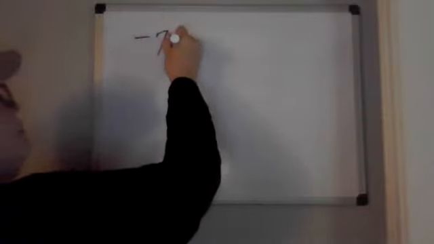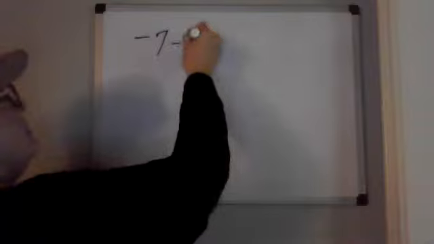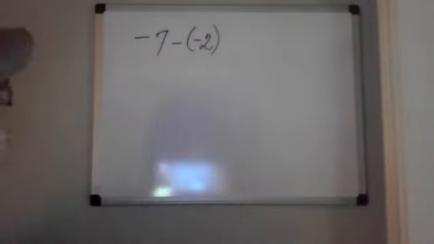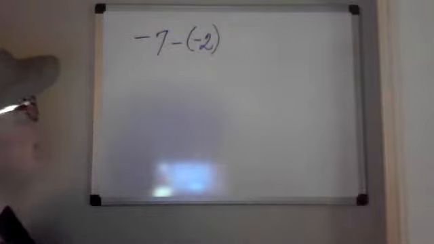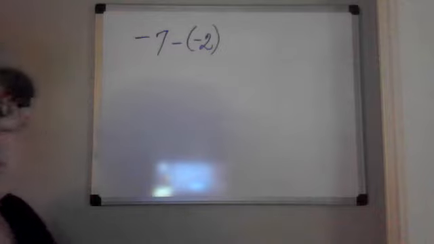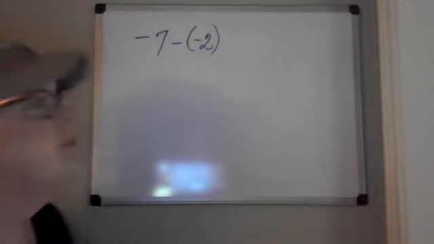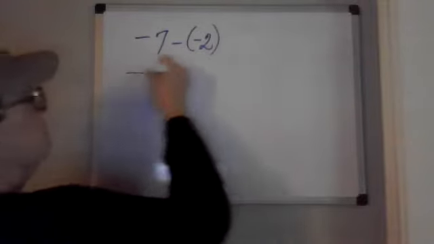-7 minus a -2. These are the ones that people kind of get choked up on when they see all these silly negatives. Well, let's see if everything that we've done in the past holds true. Let's do the number line.